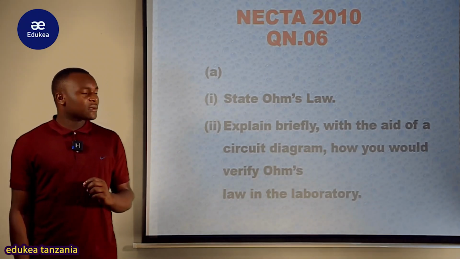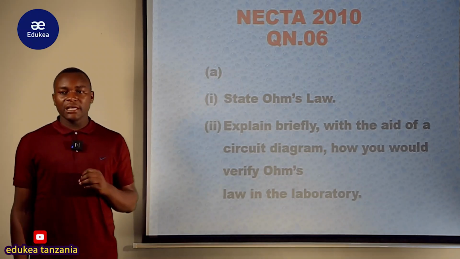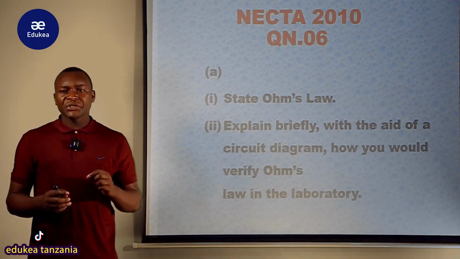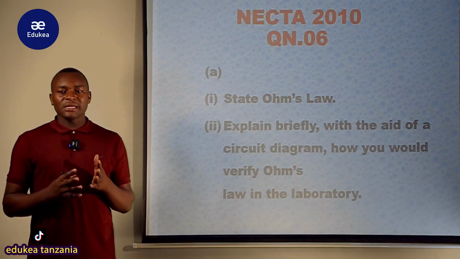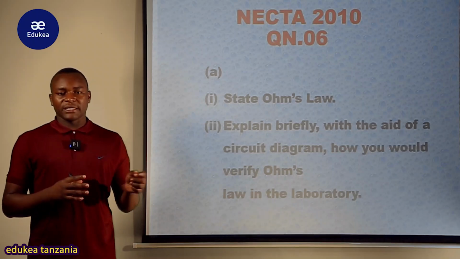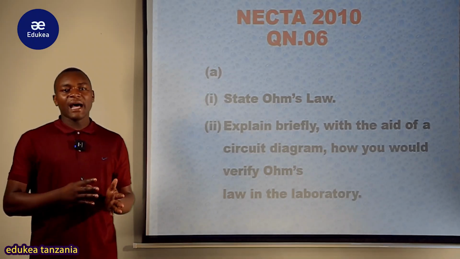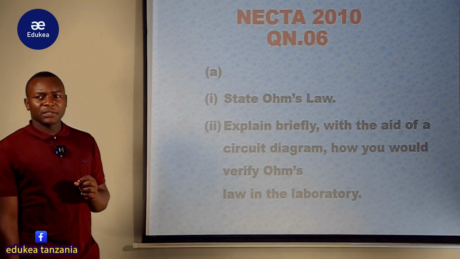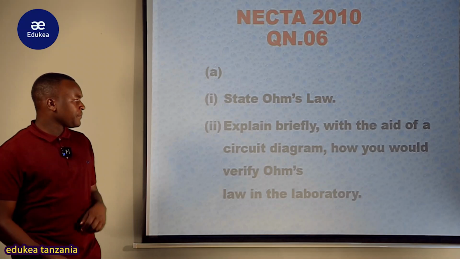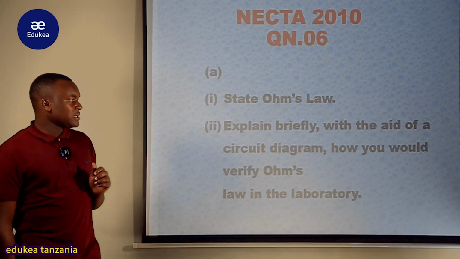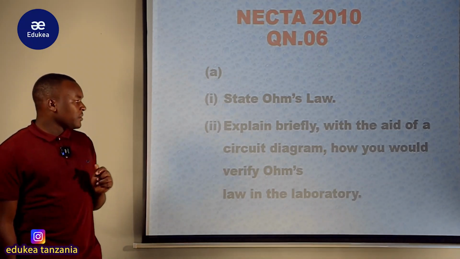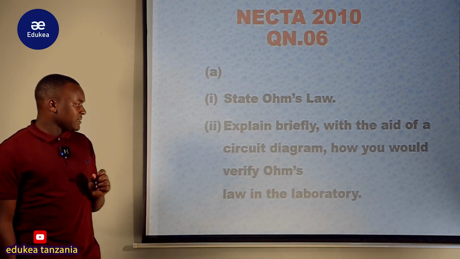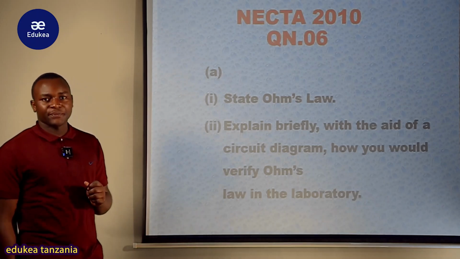Question number 6, part A, Roman number 1, states: state Ohm's law. Then Roman number 2 states: explain briefly with the aid of a circuit diagram how you will verify Ohm's law in the laboratory.